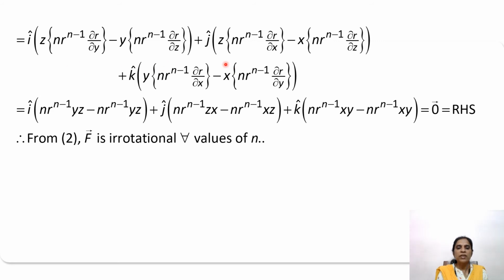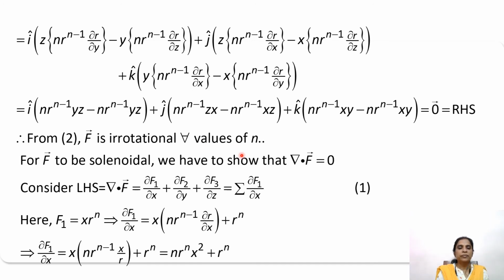After performing the differentiations, once again take the values of ∂r/∂x, ∂r/∂y, ∂r/∂z, substitute and simplify. You can see that it turns out to be 0. Curl f turns out to be 0, which implies that it does not depend on the value of n. Whatever n is, this is going to be 0. Therefore, you can say that f is irrotational for all values of n.